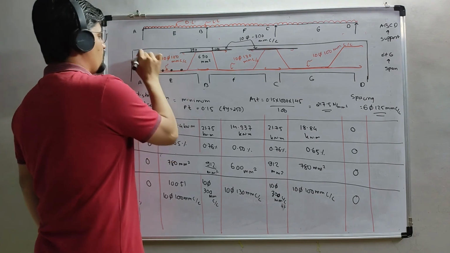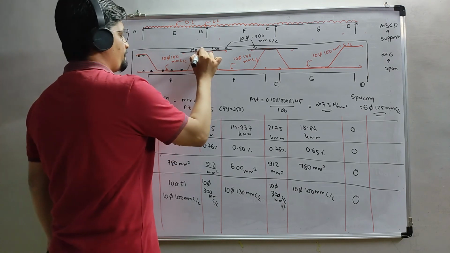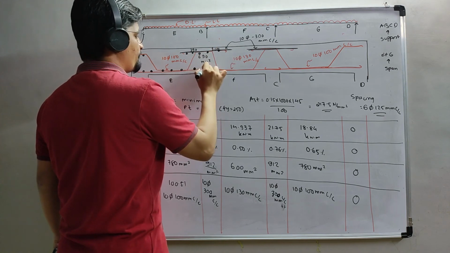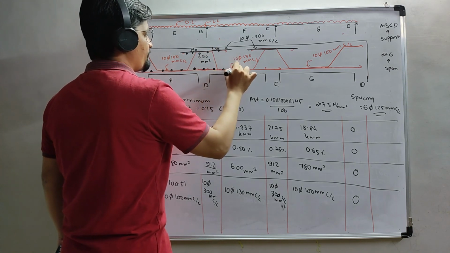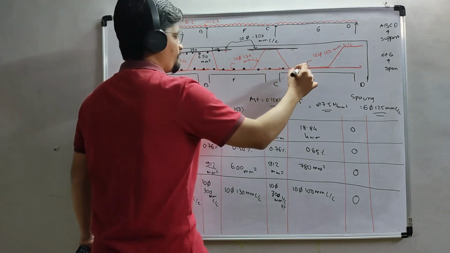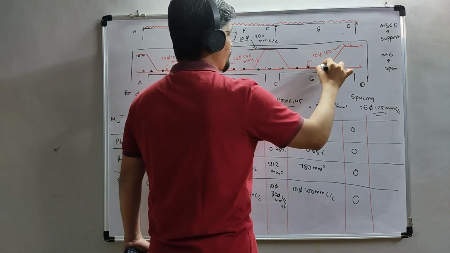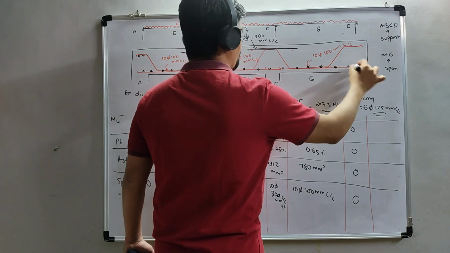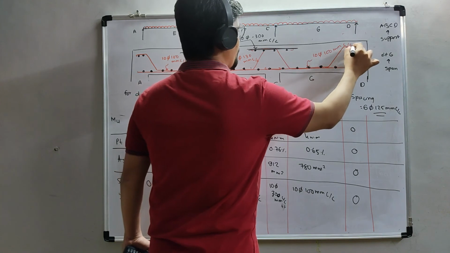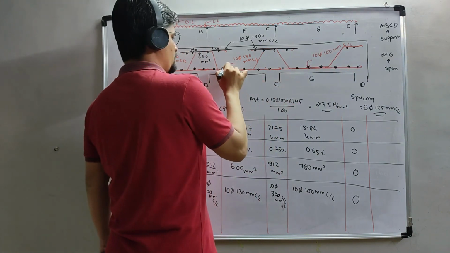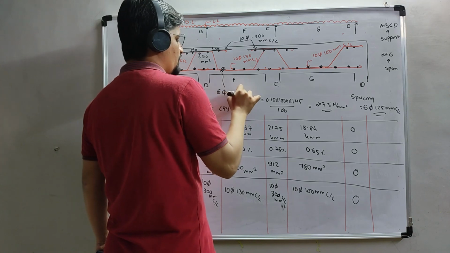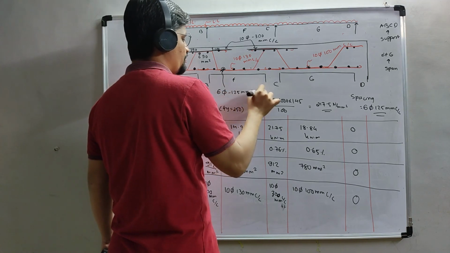It is common for all. So all the distribution steels are 6 dia 125 mm center to center.